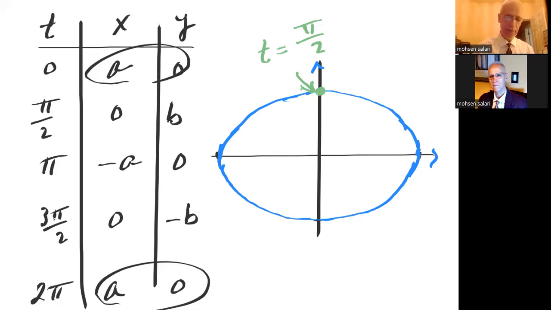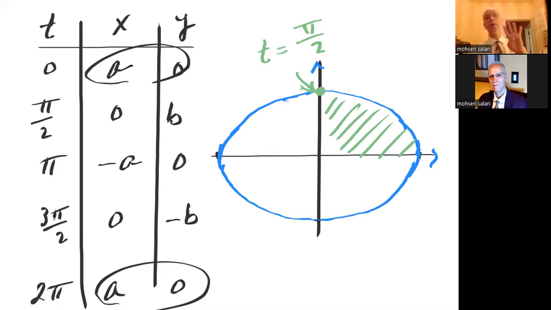Now notice that if I find this area right here and multiply it by 4, then I have the total area enclosed by this ellipse. So let's go to the next page and say area equals 4 times the integral.